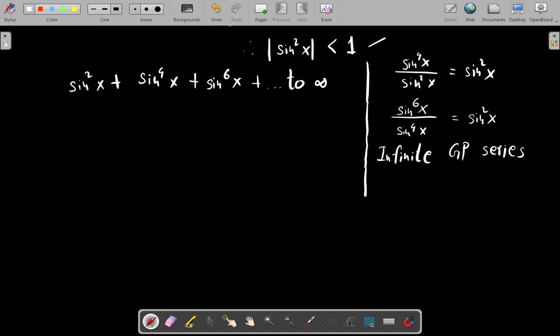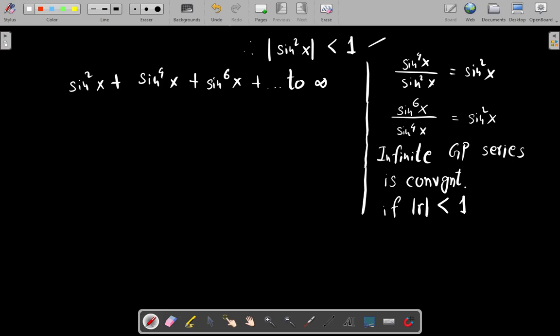So this infinite GP series is convergent if the common ratio satisfies mod r less than 1. Convergent means that it converges to a particular value. Otherwise it will diverge, and a divergent series does not give any particular value.